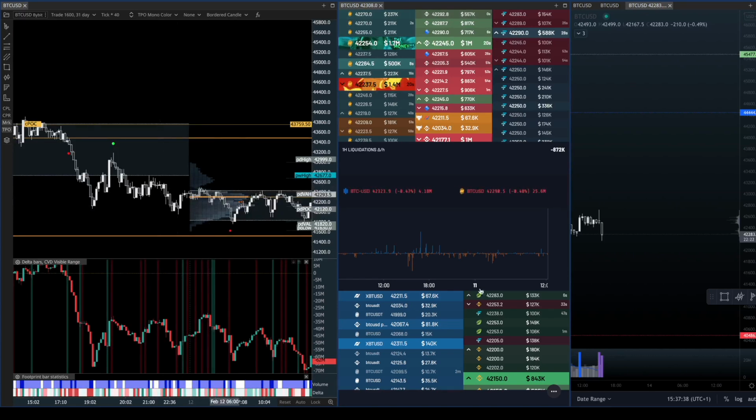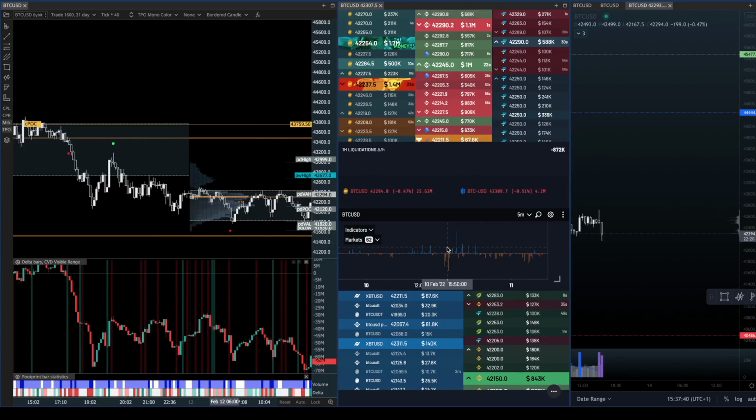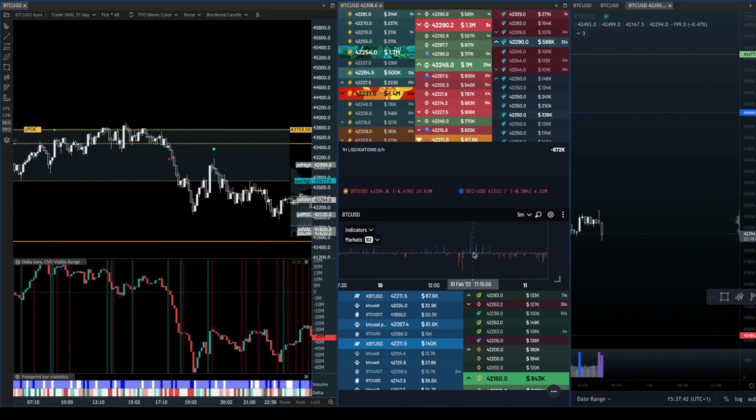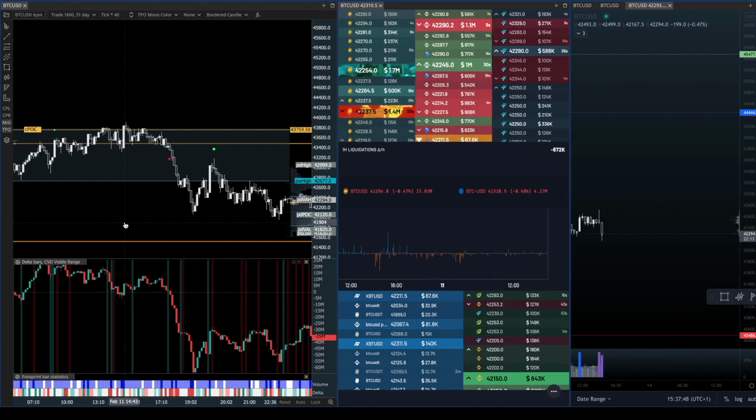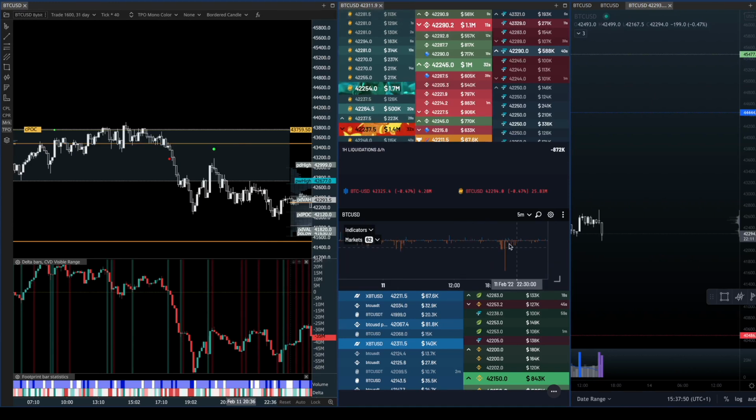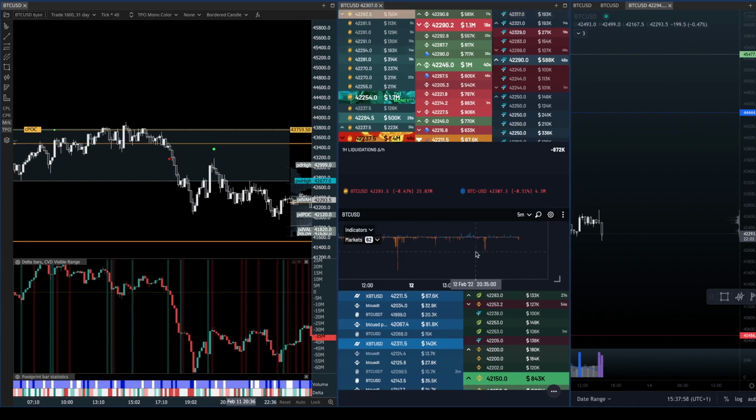I think it was here, and the market didn't really bounce from there. But basically the liquidations are your mean reversion indicator. So watch any time where liquidations pick up and try to see if you can find a reason for a mean reversion trade.